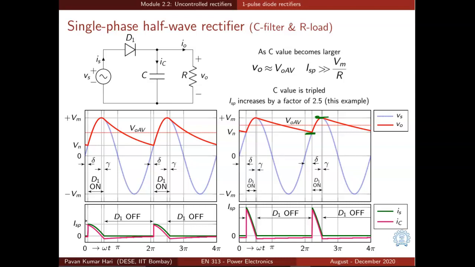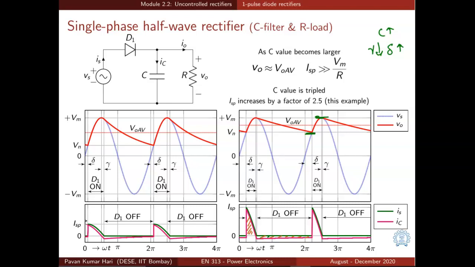But what is the disadvantage? As the value of C increases, gamma decreases, but delta increases. That means the time for which the diode is conducting will be very short. And what does it mean? The charge that is extracted over the off interval has to be replenished in a much shorter time.